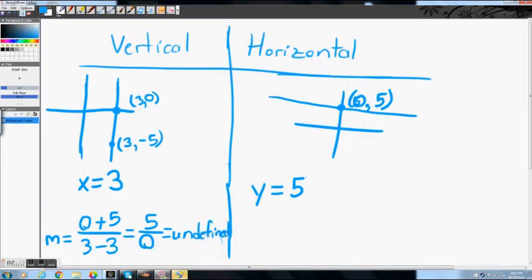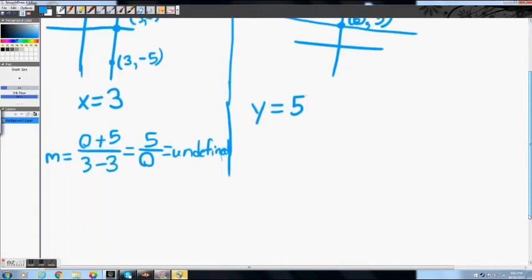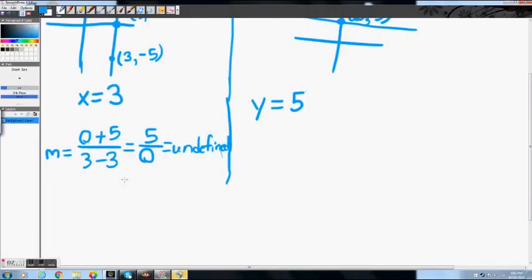So, when we divide by 0, or let's say, when we take a number and divide by a number very close to 0, for example 0.01, what do you get?